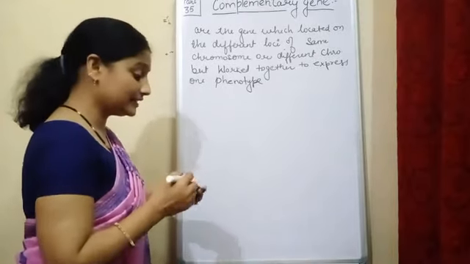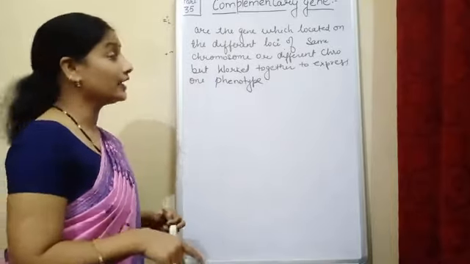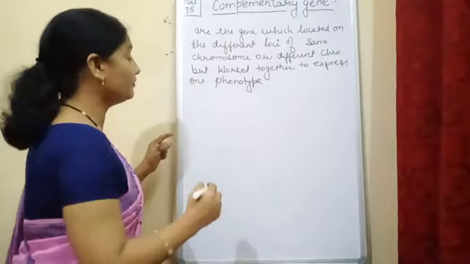Clear? See the definition: genes which are located on different loci of the same chromosome or different chromosomes.